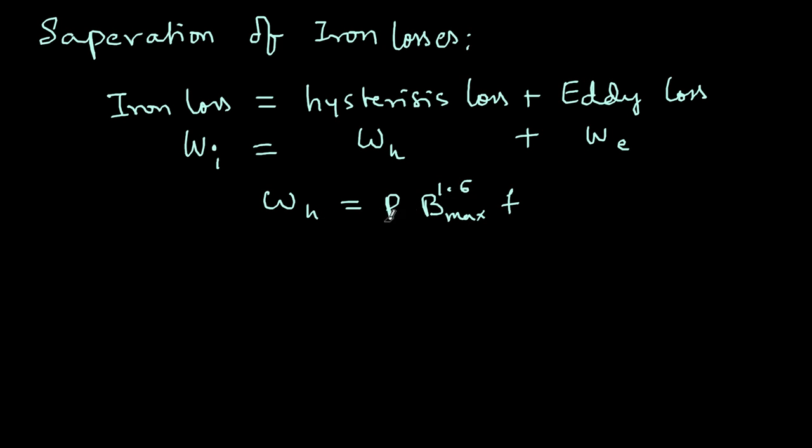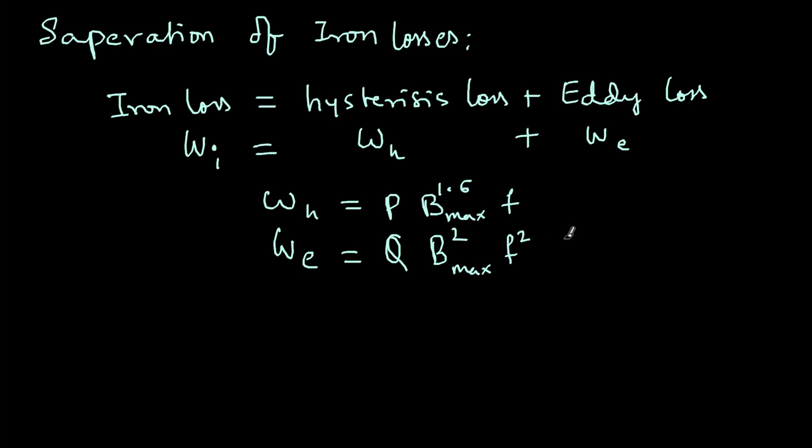This is an experimental result that is found. Similarly, eddy current loss is proportional to some constant Q multiplied by B max square and multiplied by F square. So the eddy current loss is proportional to the square of the frequency.